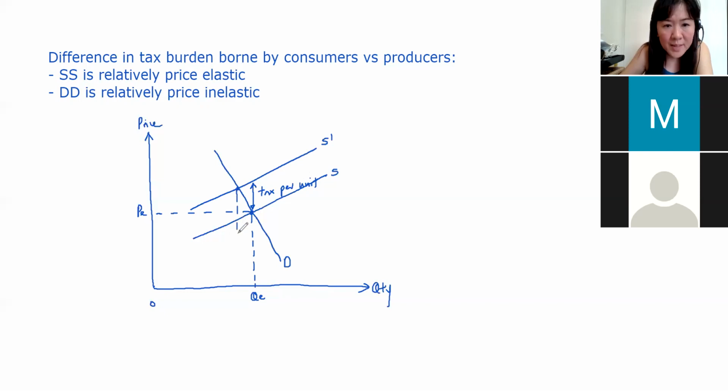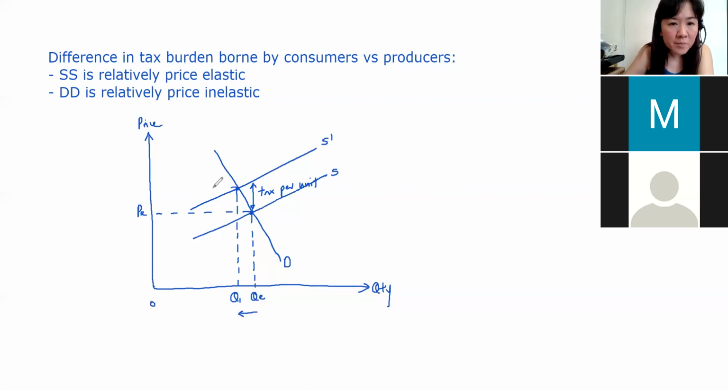Okay, so using the same analysis as earlier, in our earlier diagram, you notice that with the imposition of tax, it will bring us to a new equilibrium, which is where the demand curve intersects with S1. So this will have caused the quantity transacted to decrease from QE to Q1.